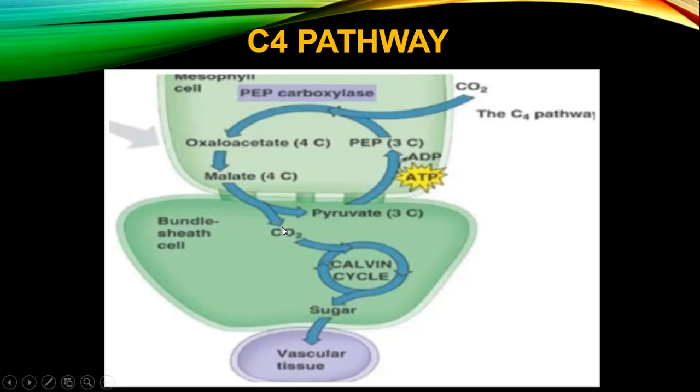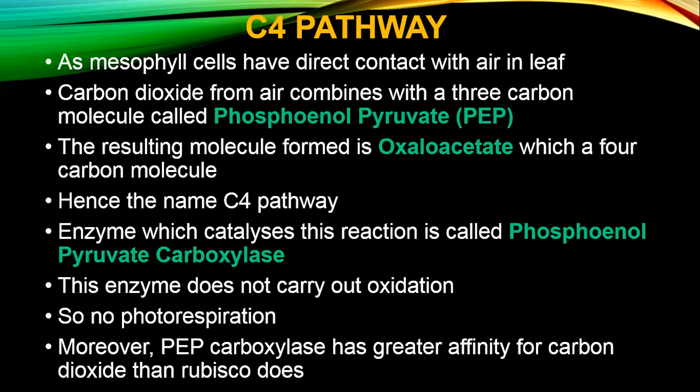Now the carbon dioxide is free over here in the bundle sheath cells once it has been removed from the malate. So once again carbon dioxide enters into the Calvin cycle in the usual way, and sugars are formed which are going to be transported to the vascular tissue. So this was the flow chart of the C4 pathway. Now we will just look at the summary of this.